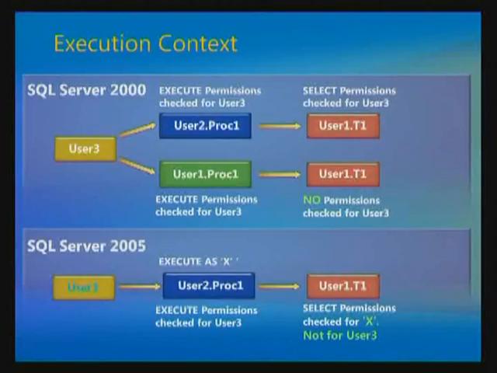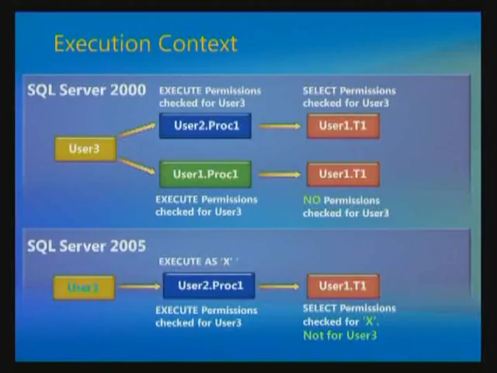It's executing as this user X. So now when the stored procedure makes access to some other entity, in this case user1.t1, we will make a check for the current execution context, in this case X. If the check passes, then it'll proceed. So this provides an explicit way in which to control the current execution context and do encapsulation.